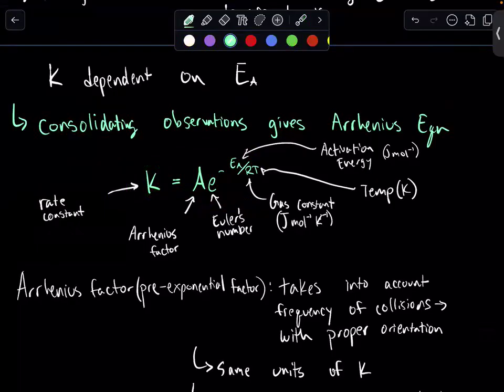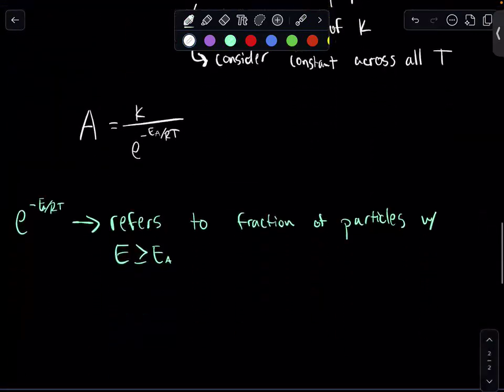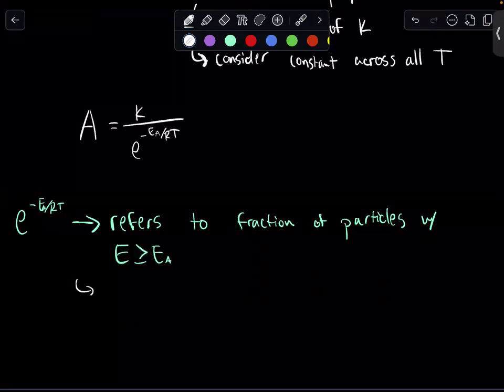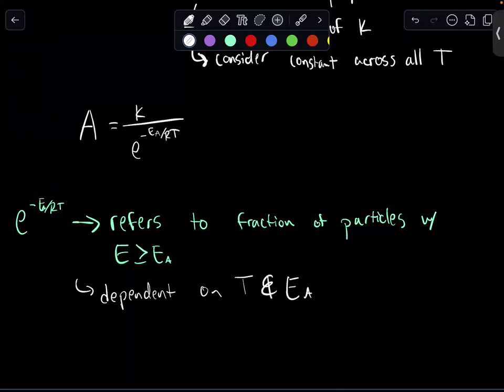So this is what this whole equation describes. Now, really quickly, before we move away from e to the negative EA over RT, we can see from the equation that this is dependent on temperature. And furthermore, it is also dependent on our activation energy. So it's dependent on temperature and the energy required to react.